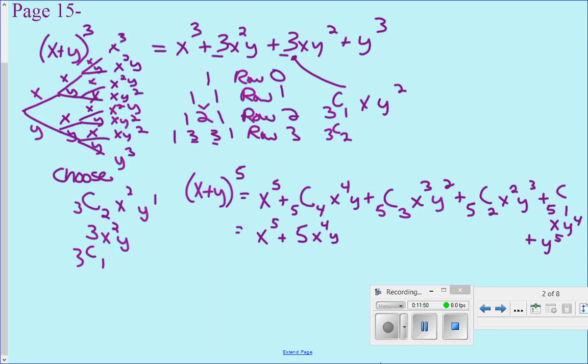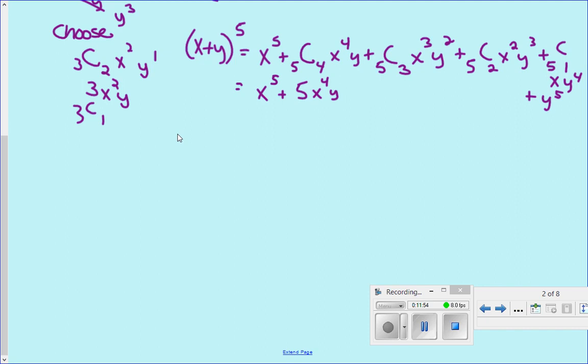Ran out of space there, so let's see if I can fix that a little bit. Okay, so I have x to the 5th plus 5 x to the 4th y plus 5c3 is equal to 10 x cubed y squared plus, now we've hit the center so we can copy the mirror image.